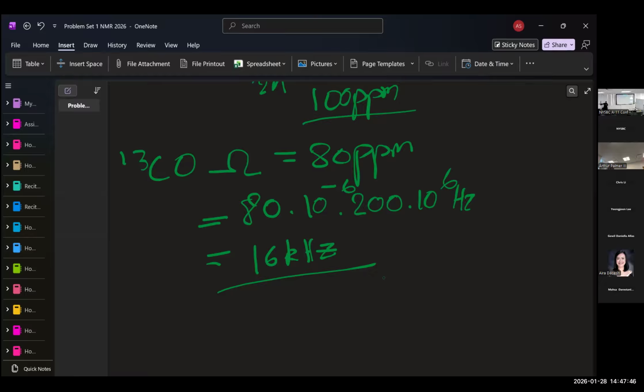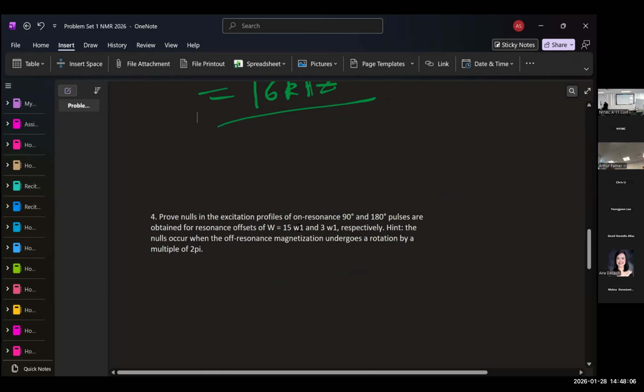You'll get a similar number for, say, the methyl carbons of alanine and so on, which will also be around 16 kilohertz offset. So in order to excite carbon broadband with as minimal an offset as possible, let's talk about what the effect of this is going to be.